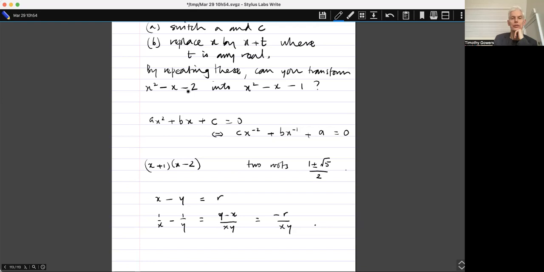So it looks to me as though using a combination of taking reciprocals and translating, I can in fact turn any pair of real roots into any other pair of real roots.